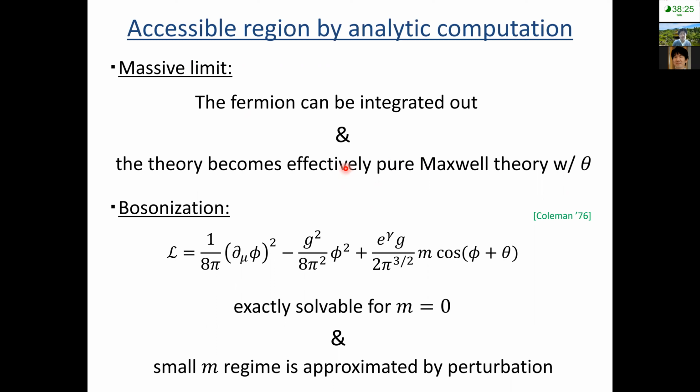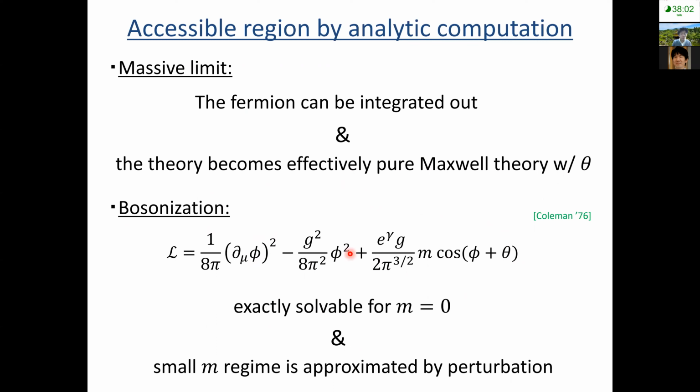Another thing is that we can use a technique called bosonization. I do not explain the details, but it is known that the Schwinger model is dual to this model. Phi is a scalar field.